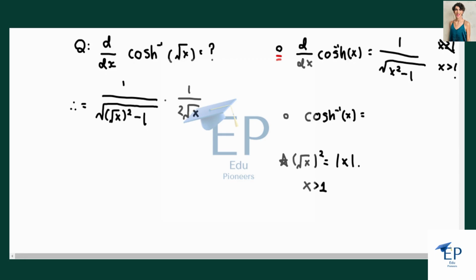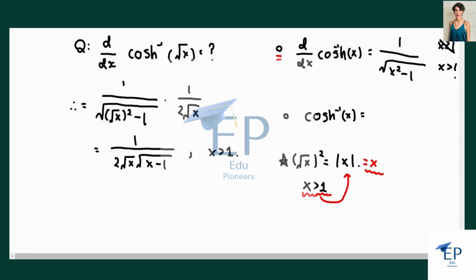Under this condition, the absolute value of x ends up being x. So to make the calculations look simpler, we add this assumption to make this look like 2 root x times the square root of x minus 1, assuming that x is greater than 1. So that's one way to solve this.